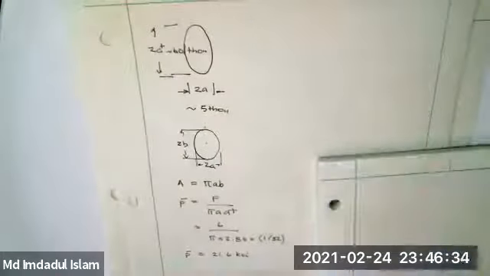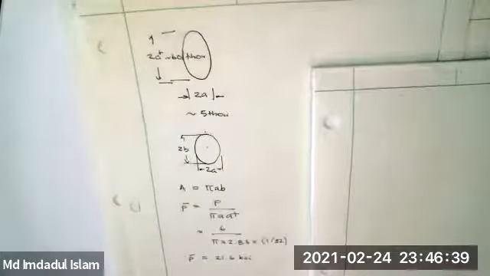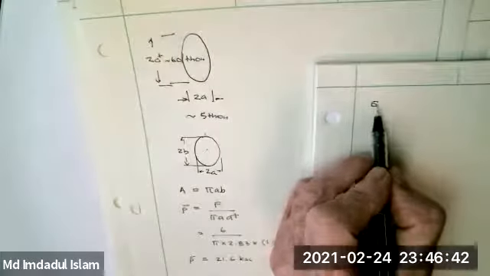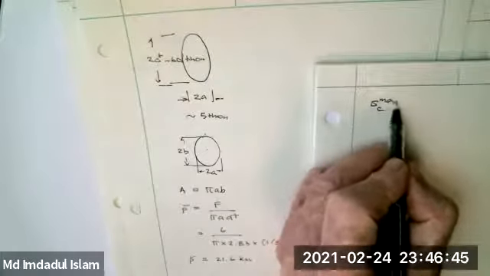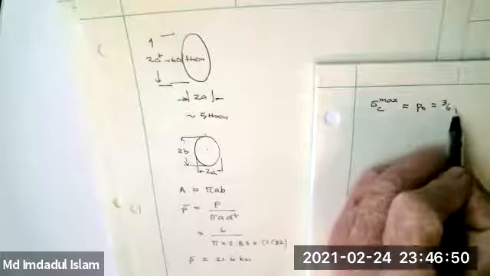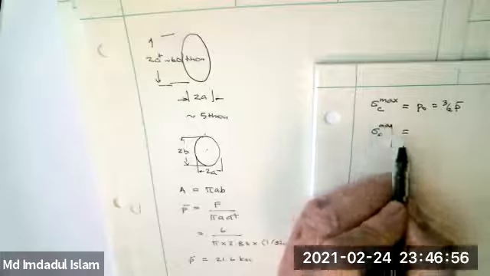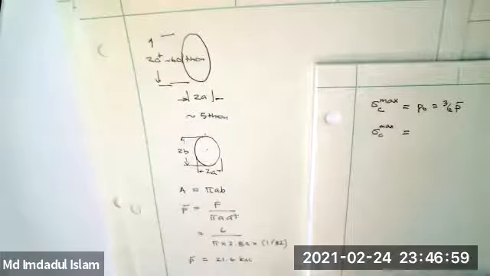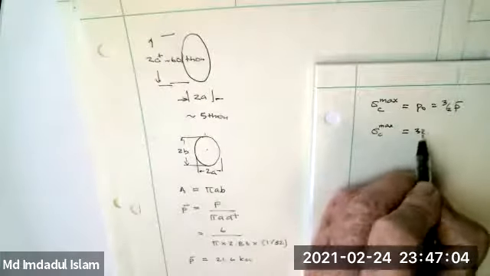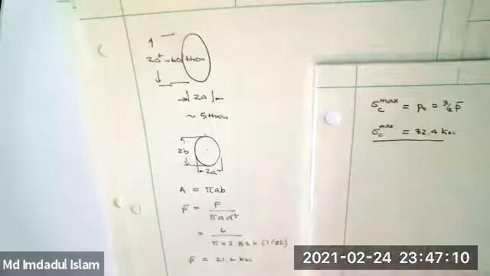And even with the modest stress concentration factor of 1.5, I'll get sigma 32.4. I'm not saying this is A36 steel, but if it was, it'd be quite close to the yield strength.